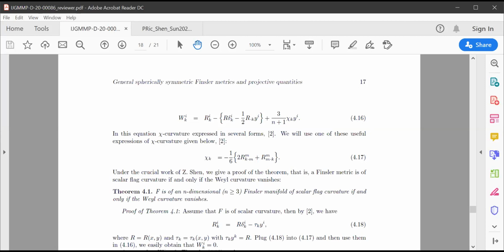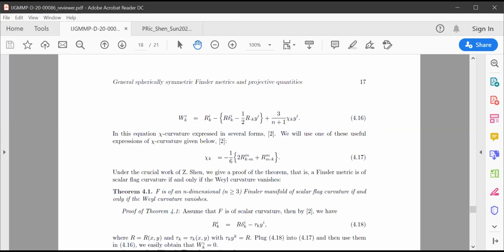Yes, you can discuss some. After spherically symmetric metrics, you can talk about general spherically symmetric ones, and in some cases you can get non-trivial solutions.